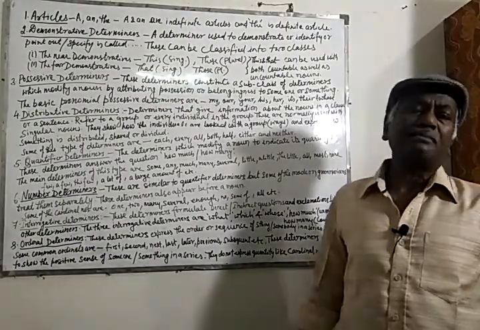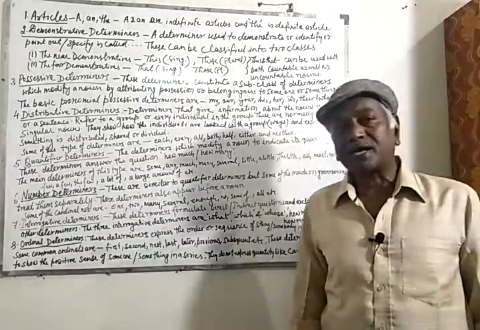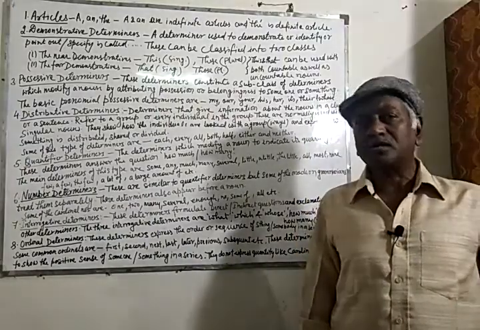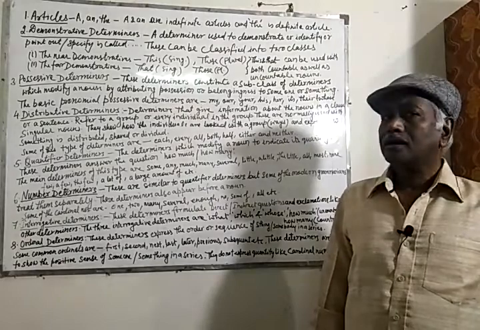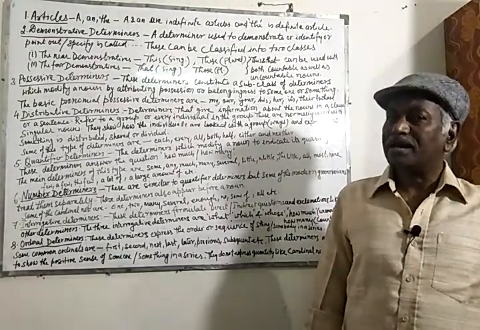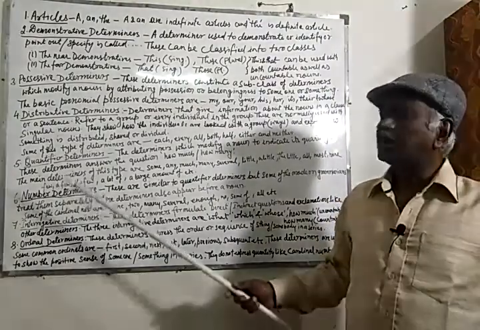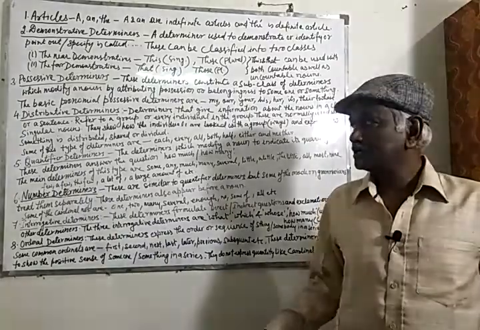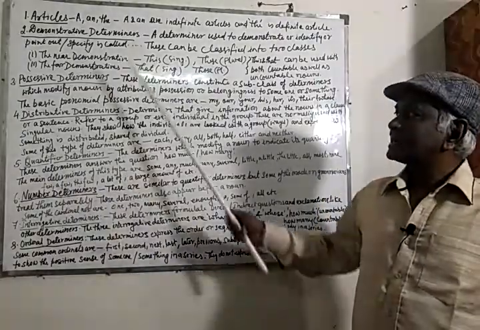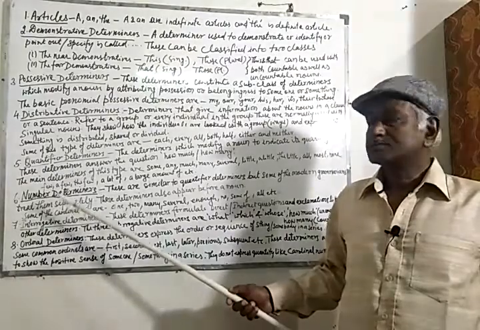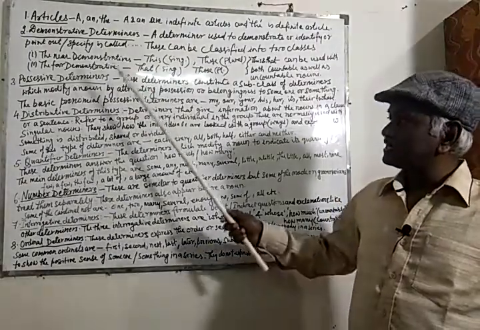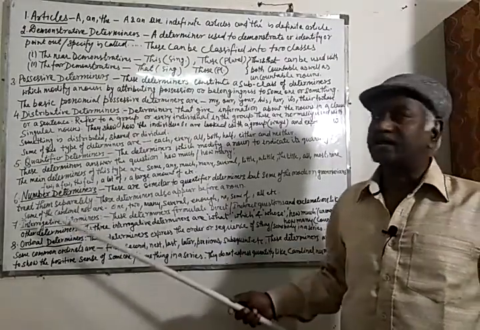According to the modern grammarians, there are 8 types of determiners, but the old grammarians classify it into 5 or 6 types. But I shall be going into detail on all these 8 types.